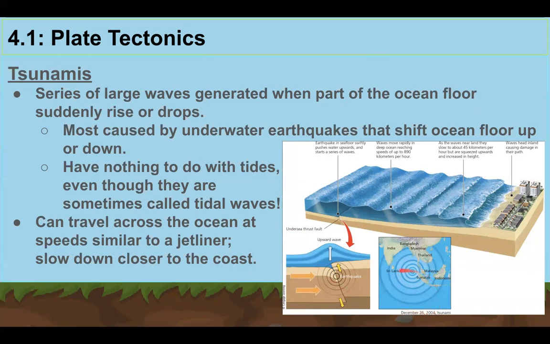One of the worst tsunamis in history happened back in 2004 here in the Indian Ocean, and resulted in one of the worst natural disasters in history, killing hundreds of thousands of people as a result of the tsunami.